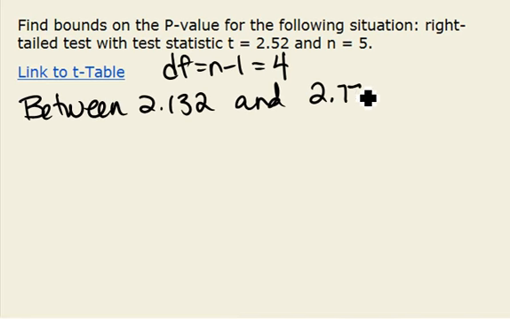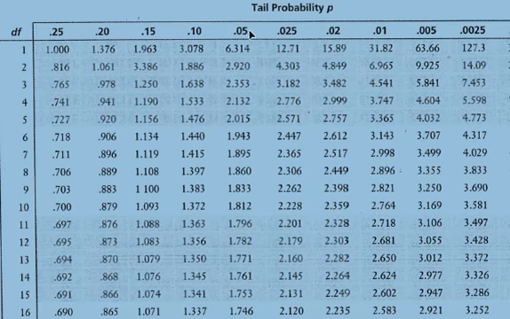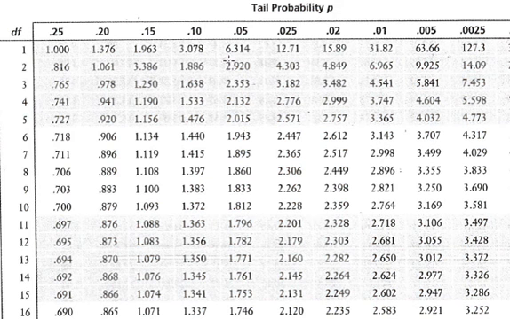Now, what we want to look at is what tail areas correspond to those numbers in the table. 2.132, if we look at the top, has a tail probability of 0.05, and 2.776 has a tail probability of 0.025.